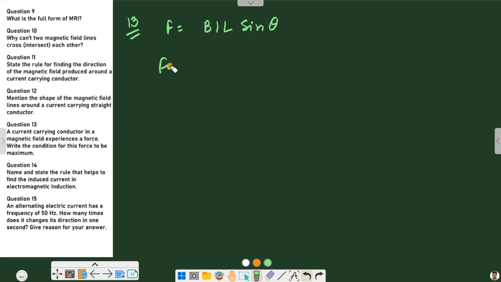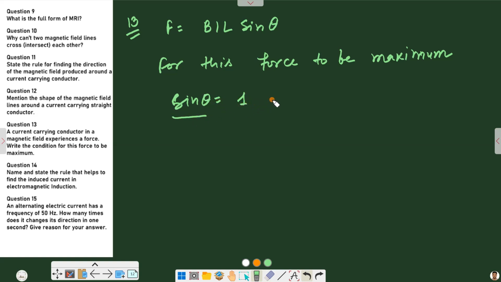For this force to be maximum, sine theta should be 1, because the maximum value of sine theta is 1.